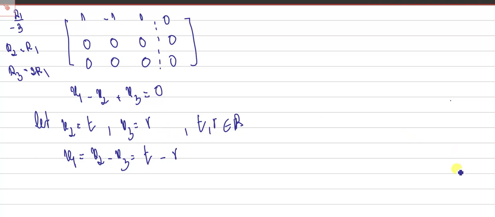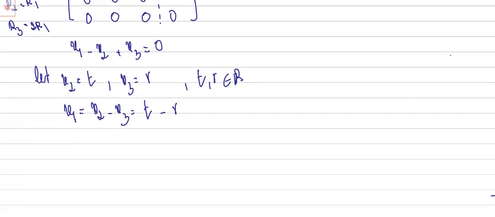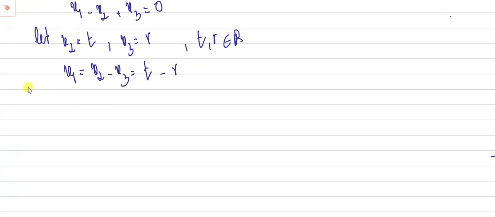Now we get the eigenvector of this matrix. I just write eigenvector V is equal to x1, x2, and x3. So this is equal to x1 is t minus r, x2 is t, x3 is r.